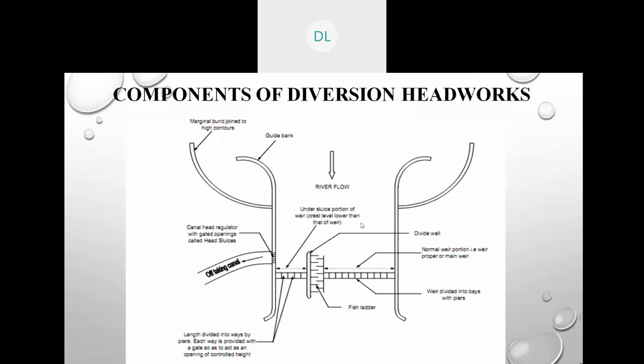This is an important thing. You should note that earlier there was only the river valley, means only the river bed and its banks. Now we have these guide banks.